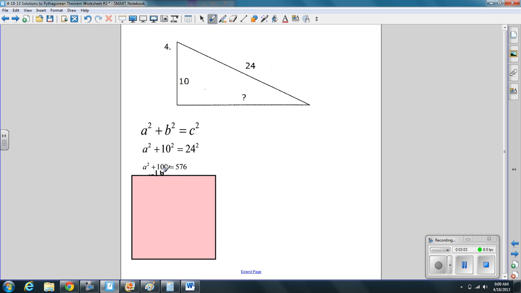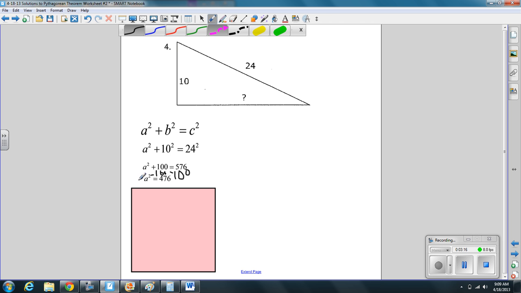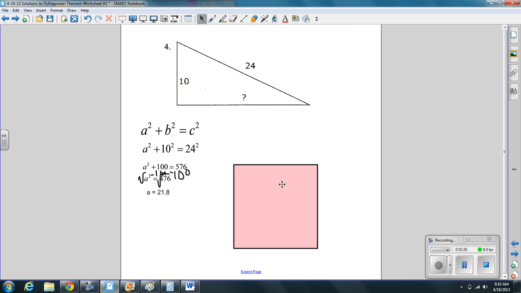Subtract 100 and subtract 100. And with that said, we have a squared is equal to 476. We take the square root to both sides. Sorry, it's a little crammed. And once you take the square root of 476 to the nearest tenth, a is equal to 21.8.